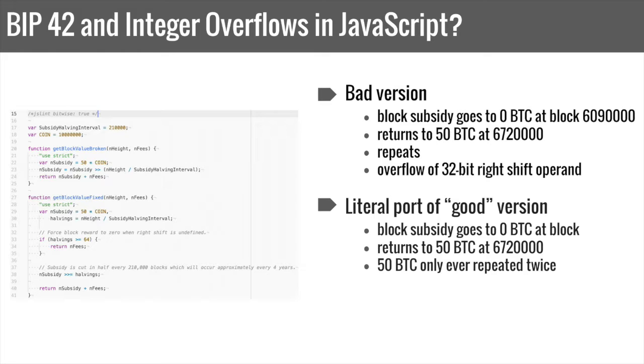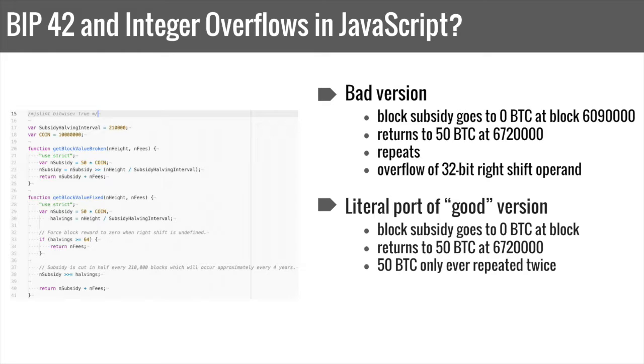And so this is still a problem. If you literally ported the C++ code over to JavaScript, even the fixed version would still have a problem. Rather than doing this rollover infinitely, it would only do it once, because the problem here is the right shift operator.